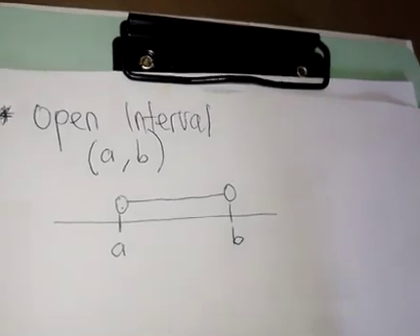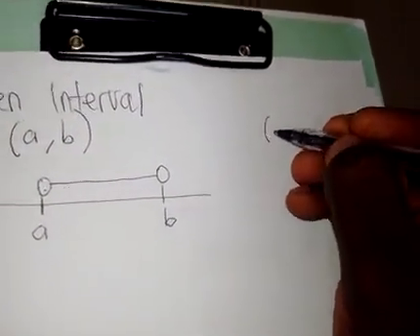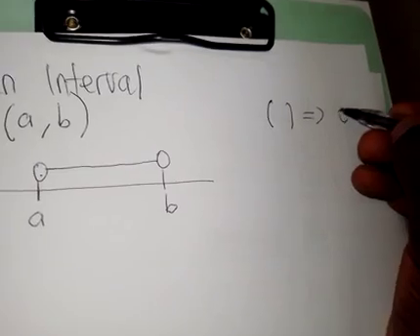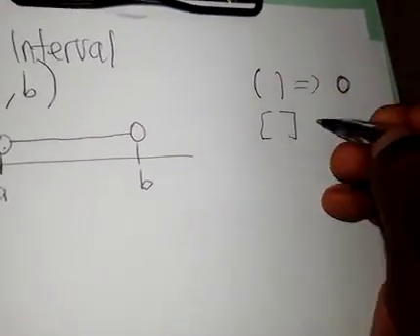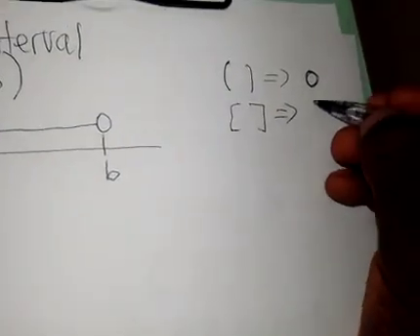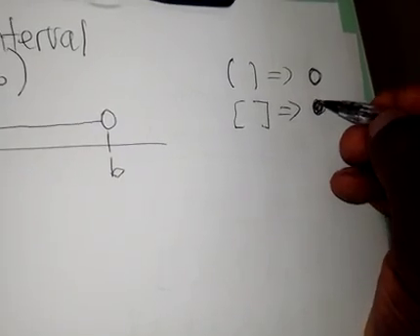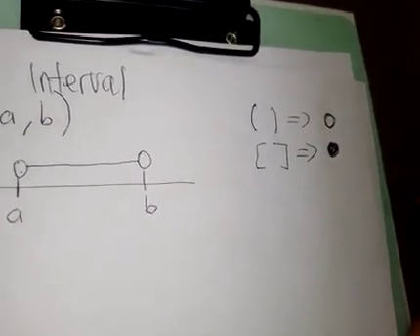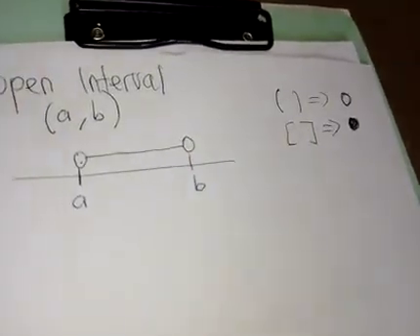Whenever you use a round bracket, that circle should be left open. Whenever you use a square bracket, that circle should be shaded. That's the thing to take note of. For round brackets, circle open. For a square bracket, circle shaded.